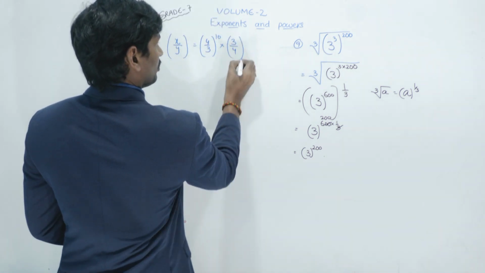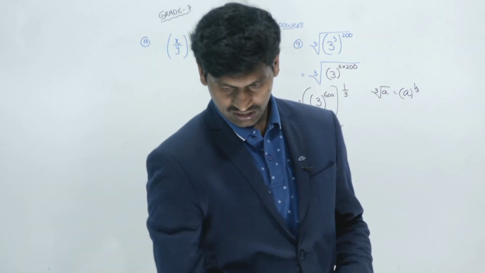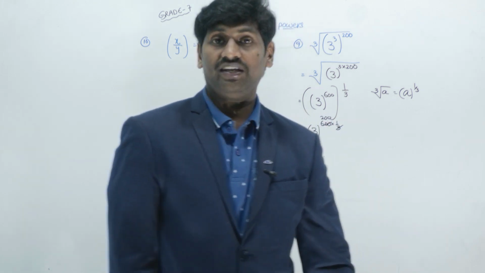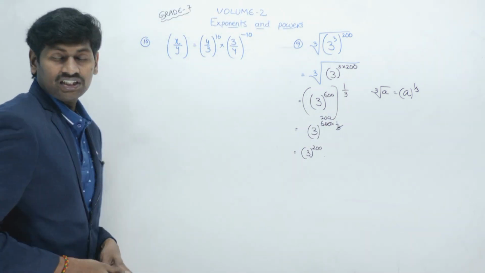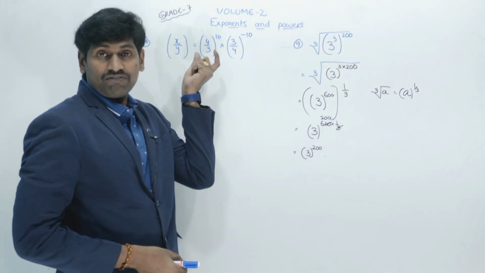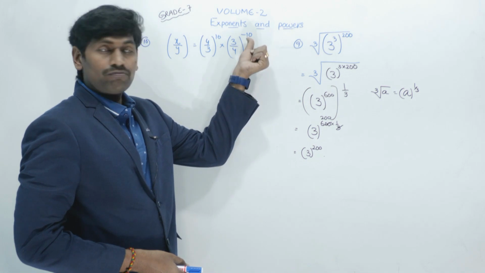So we need to find only the value of x by y. X by y value we need to find. Now let us see the right hand side part. The first term is given as 4 by 3 whole to the power of 10, and then 3 by 4 whole to the power of minus 10.